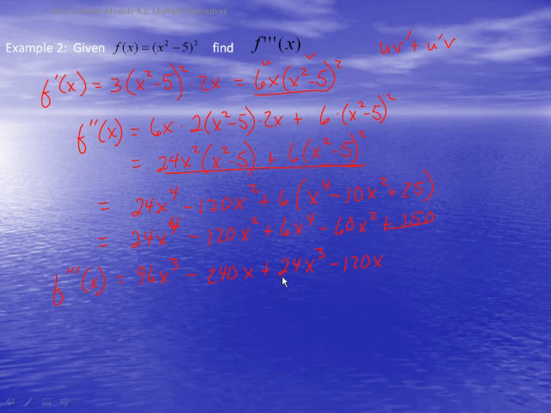Now I'm going to put these two together, and that gives me 120x cubed, and then I put the minus 240 and the minus 120 together, that'd be minus 360x. And I have now taken the triple derivative.